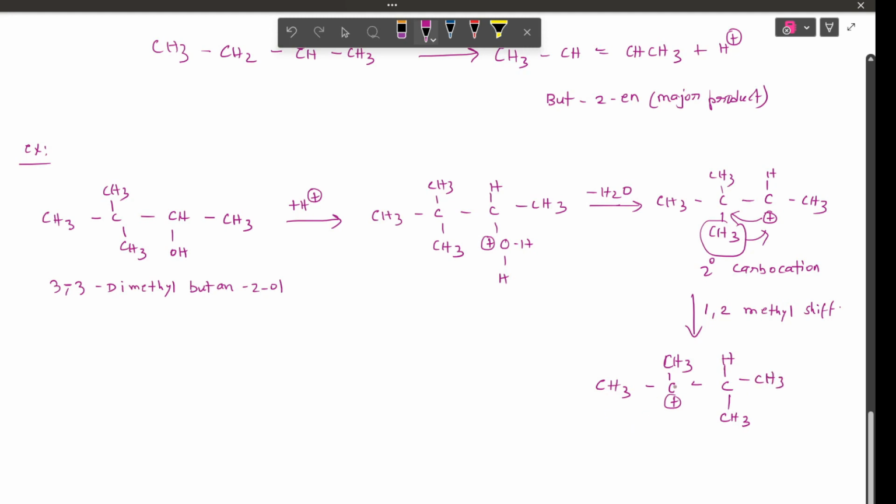Now you can see that this is a 3-degree carbocation, so it will be more stable.